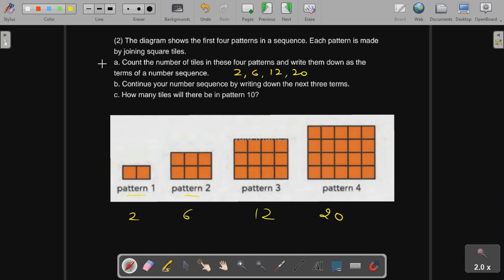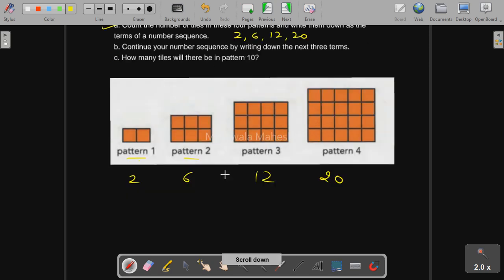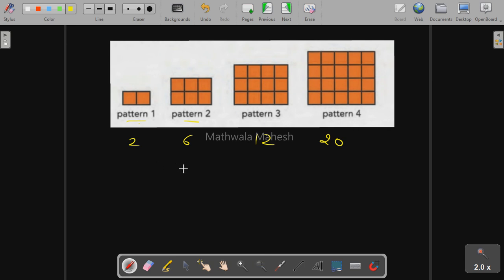So next one is continue your number sequence by writing down the next 3 terms. So for finding the next 3 terms, you have to find what is the pattern or what is the rule the sequence follows. We can see that if I add plus 4, then I will get 6. If I add 6, I will get 12. If I add 8, I will get 20.